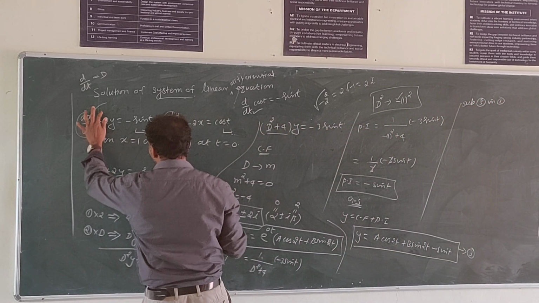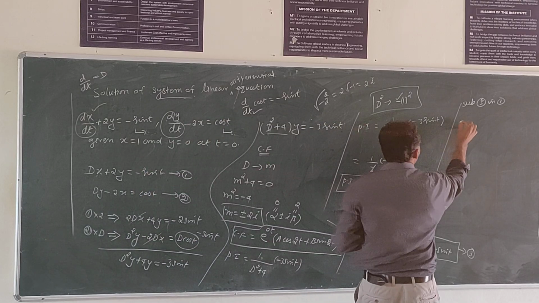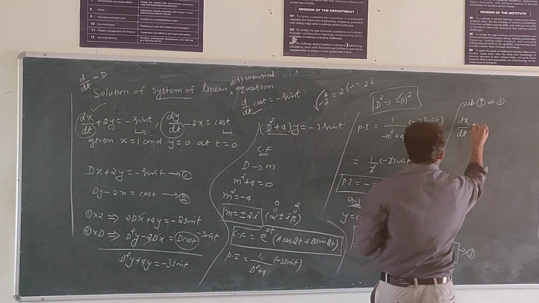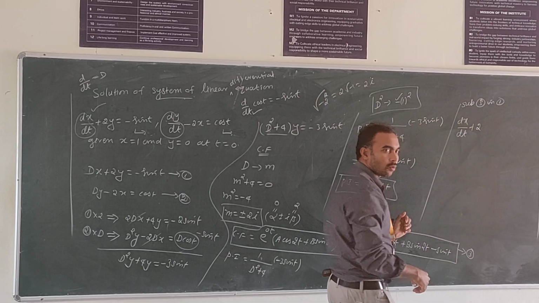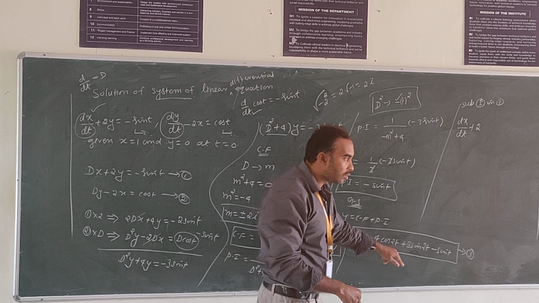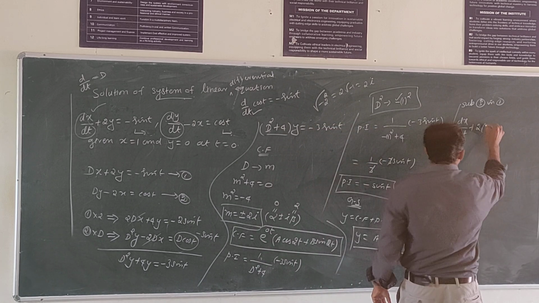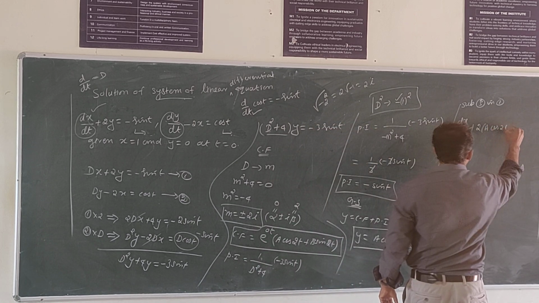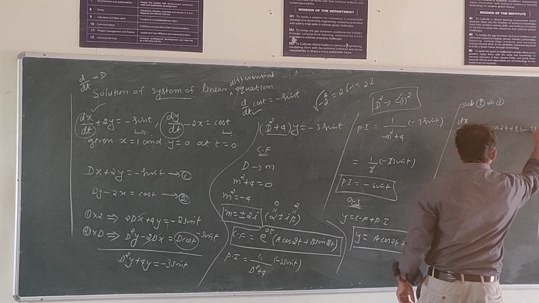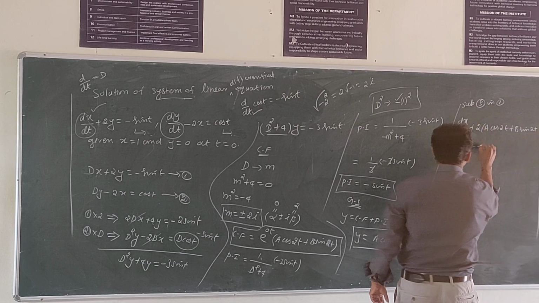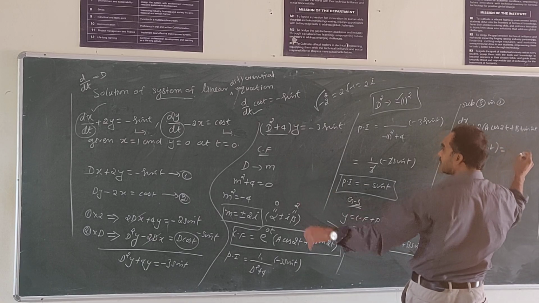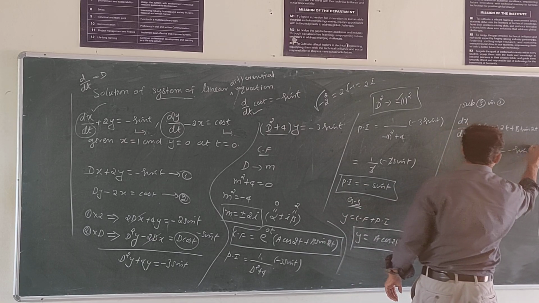So substitute here: dx by dt plus, instead of y, a cos 2t plus b sin 2t minus sin t, equal to the right hand side, minus sin t.